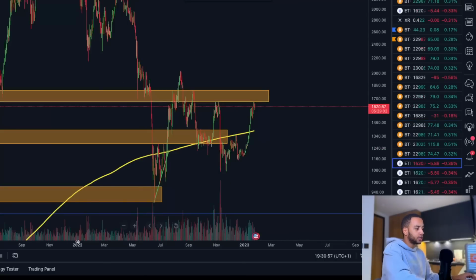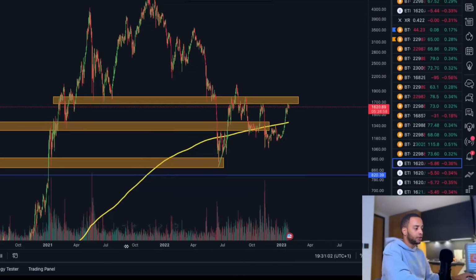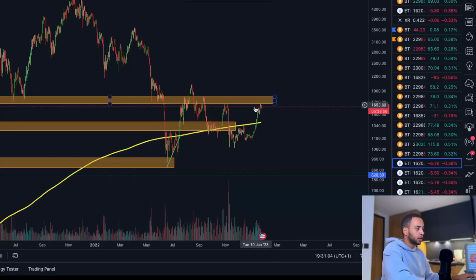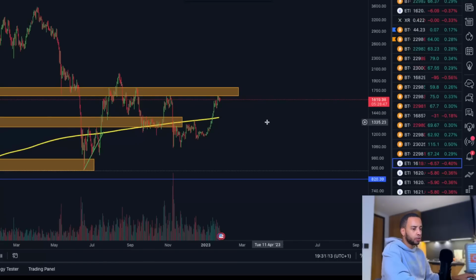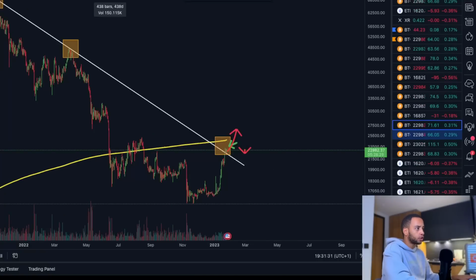In a similar sense, even though Bitcoin is showing better and better signs, Ethereum has shown a little bit of weakness here, actually getting rejected at a level we saw on the 6th of November right here. And relatively, if we grab an Ethereum and Bitcoin chart, you can see that Ethereum is not gaining as much steam as Bitcoin, albeit the fact that Ethereum, just looking at the 200 weekly moving average, the yellow line right here, is actually in less of an oversold area.